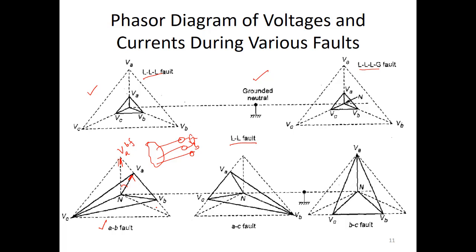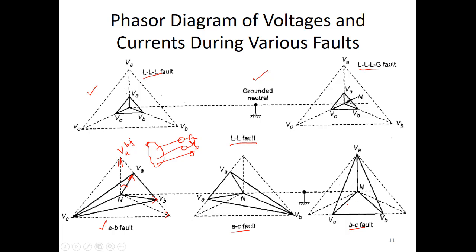Similarly, the phase B voltage during the fault will lead the original voltage, that is before the fault. Similarly we can analyze the fault between A and C and the fault between B and C, right?